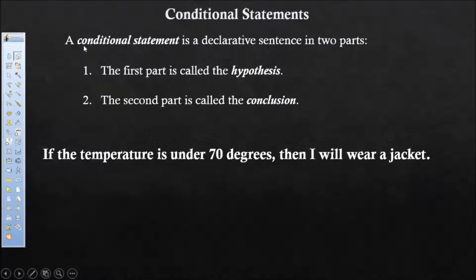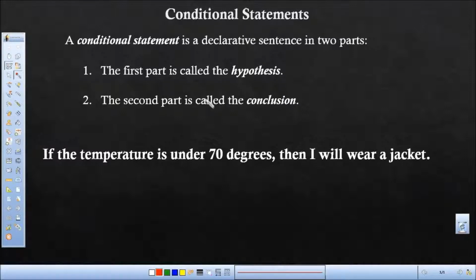First of all, a conditional statement is a declarative sentence in two parts. The first part is called the hypothesis, and the second part is called the conclusion. We can see this in this sentence. We have the words if and then, and those are kind of our giveaways.